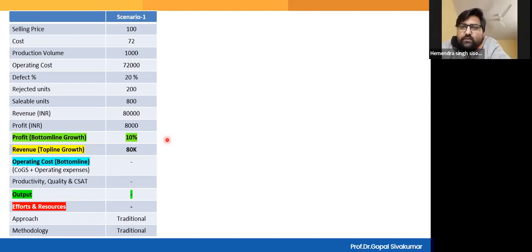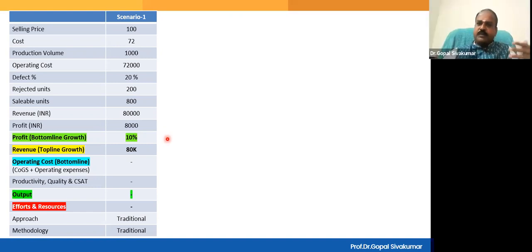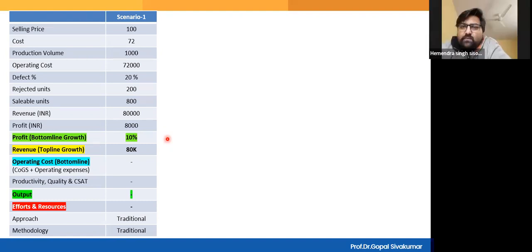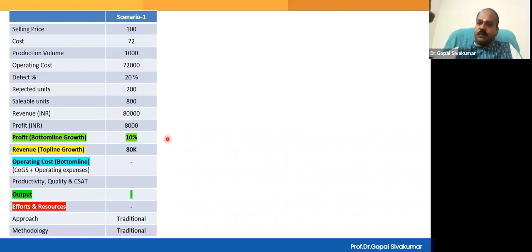Profit margin generally comes under the bottom line. Why do we call it bottom line? Because problems happen at the bottom line. Everything is done properly, but then downline during execution, there are rejections happening, and so your profit is getting affected. So that's the reason why we call profit the bottom line.